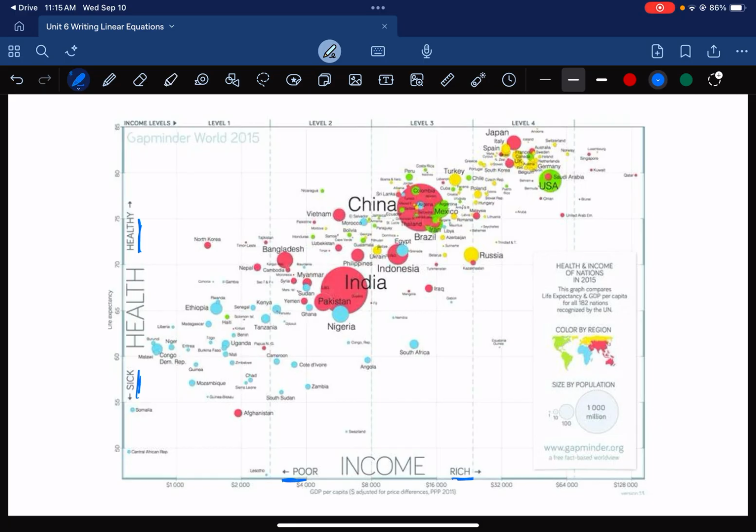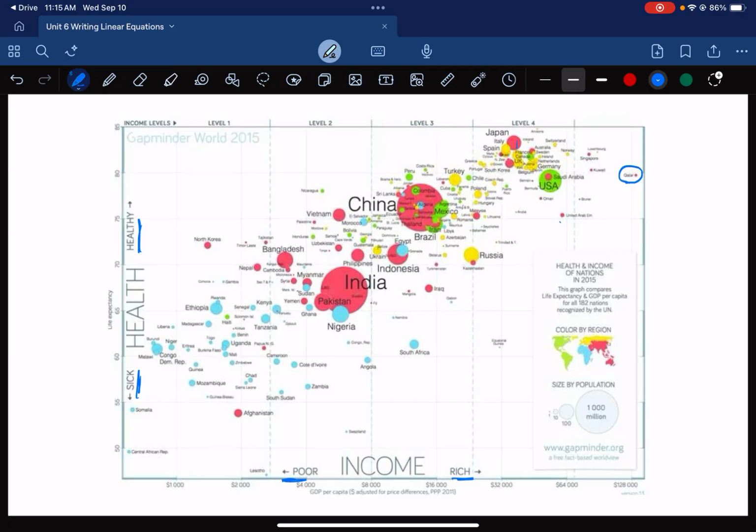And so you can see some of these large populations like India has kind of a middle range of health and kind of in the middle of the income path. China is healthier than India and wealthier than India. And then you look at Japan, man, they're doing really well. They're very healthy and they're fairly wealthy. And the United States, not as healthy as Japan, but wealthier.